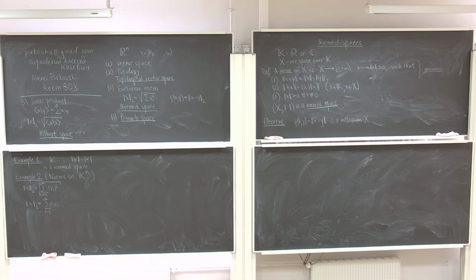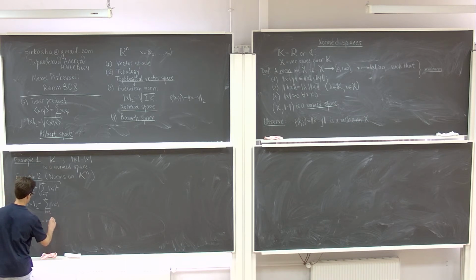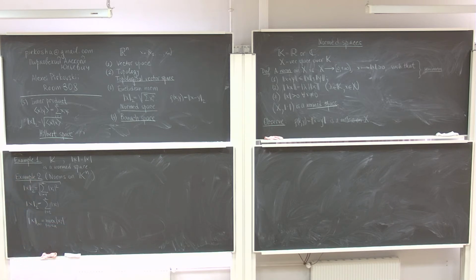So this is also a norm. Another choice is just to take the maximum of the absolute values of the coordinates. And again, this is a norm. All the axioms are easily verified. And this norm is denoted like this.